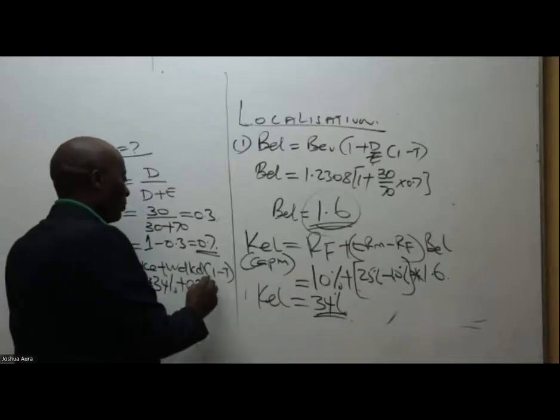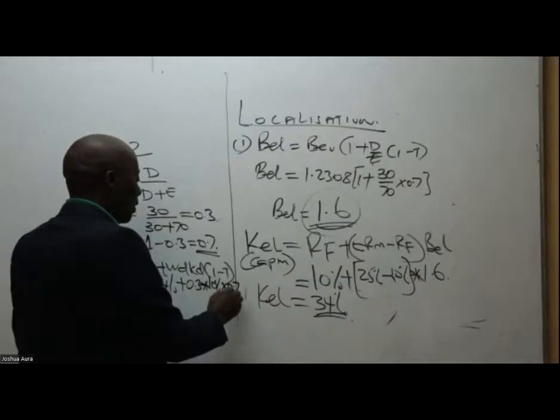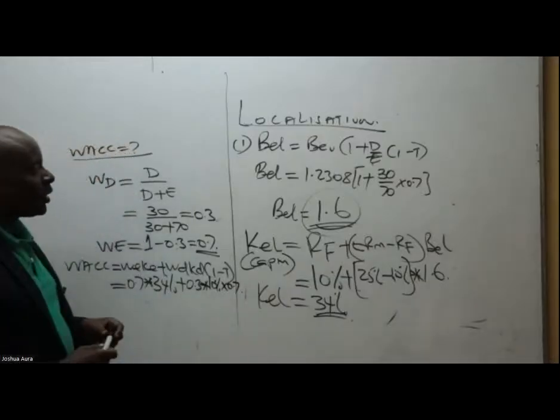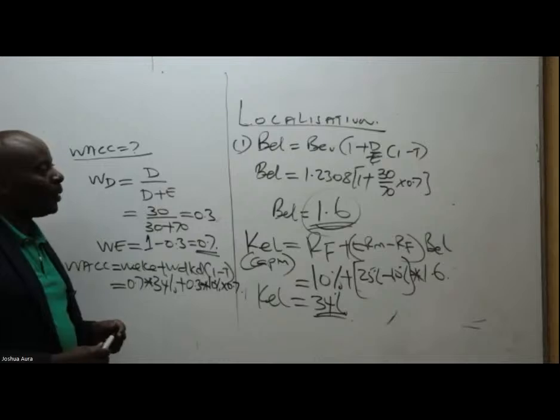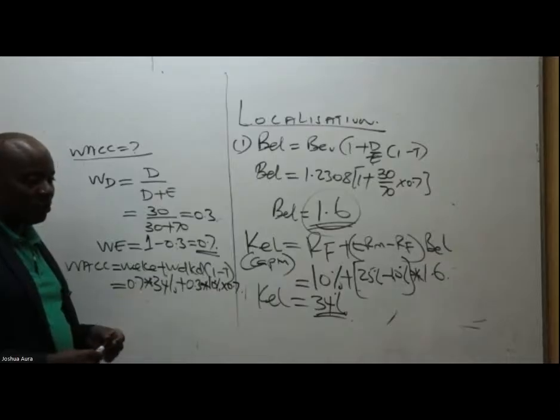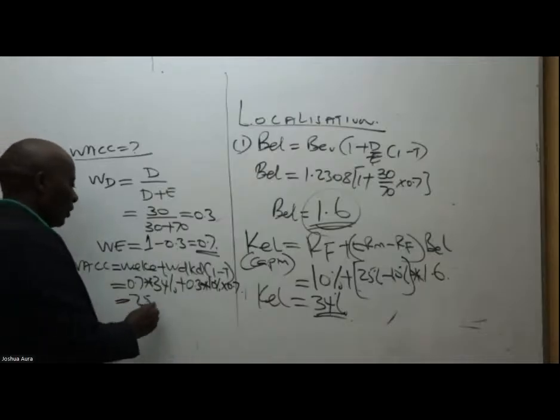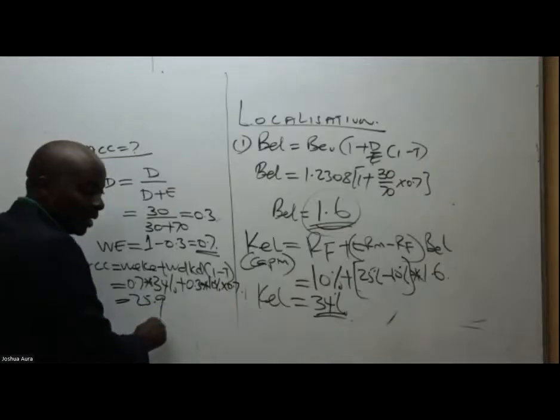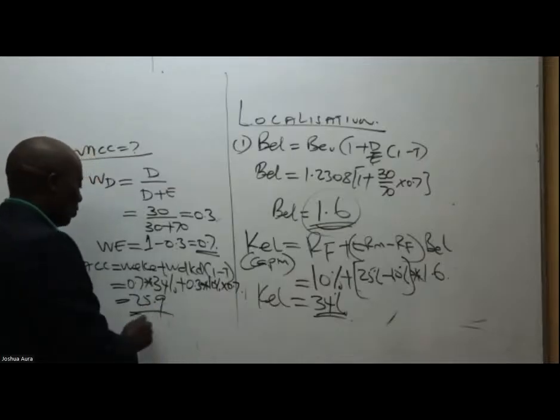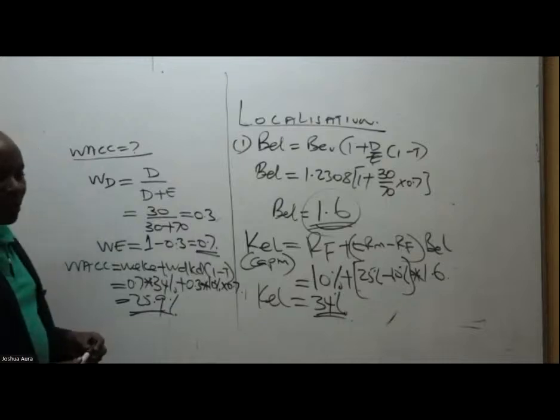We take risk-free, 10%, multiply by 0.7 because of 1 minus tax. That gives a figure of 25.9% as the WACC.